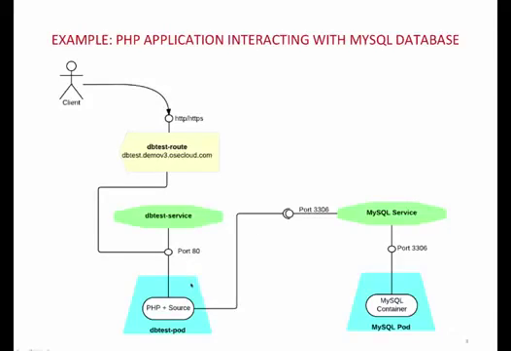So this pod expects parameters such as where the database is running, the IP address of the pod in which the database is running, the port number, the database name, username, password, etc. Those are configured in this pod. And this pod is available over port 80 for access outside by the client over HTTP or HTTPS.